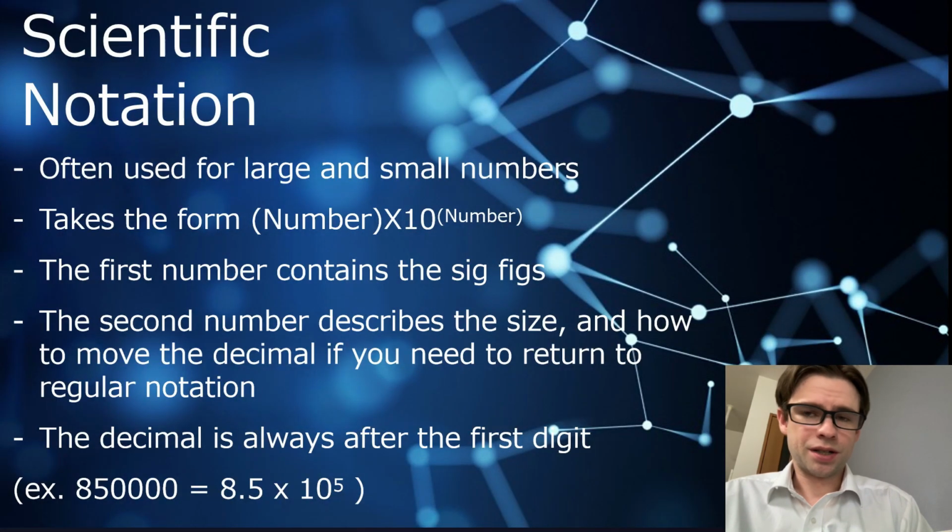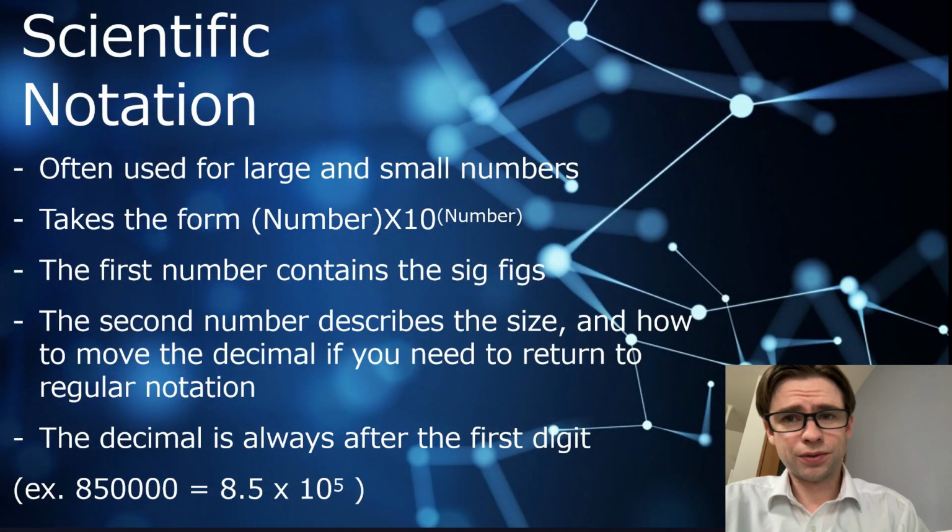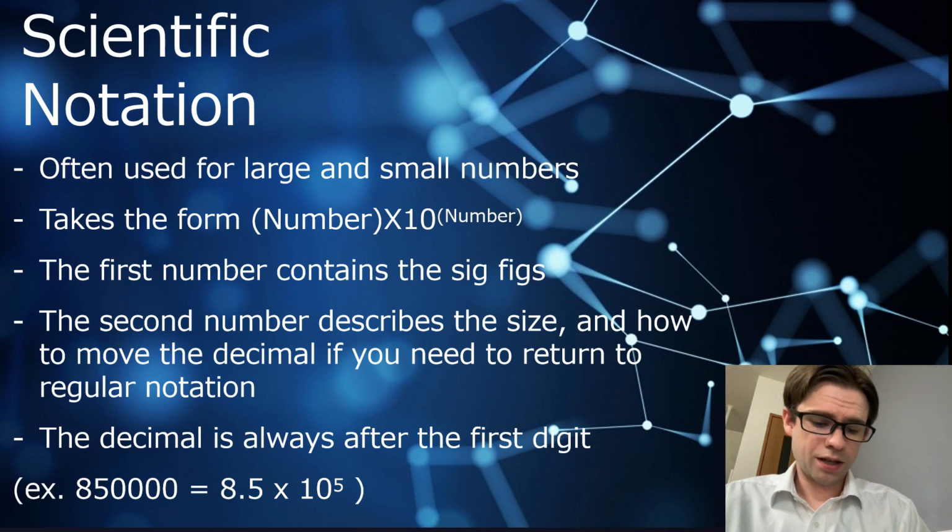So scientific notation is a way to write numbers, and it's often used for large and small numbers, but it can be used for basically any number. It takes this form: a number times 10 to the exponent of some other number.